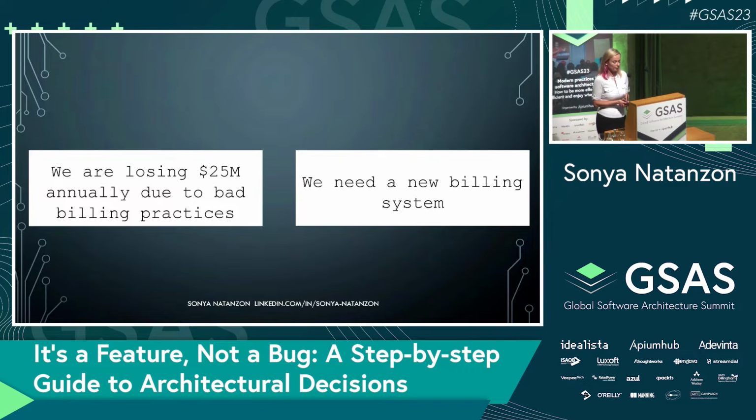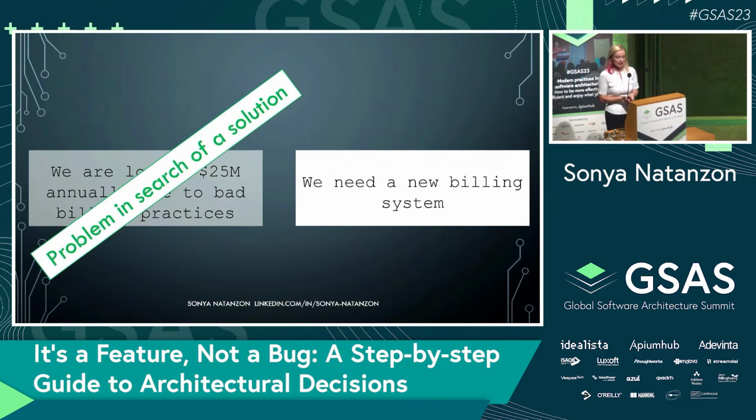So, what do we have? Well, this is a legitimate problem statement. Do we know what the solution is? Is it a new billing system? Or is it an upgrade of an old billing system, or maybe something else? Don't know. But there is a desired outcome, and you're free to go explore solutions to get there.